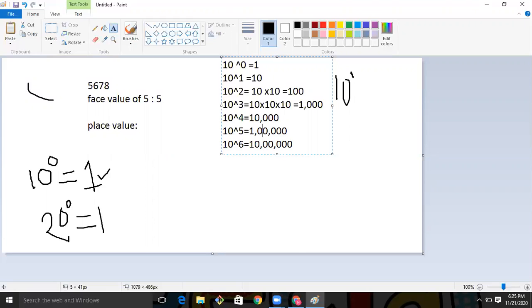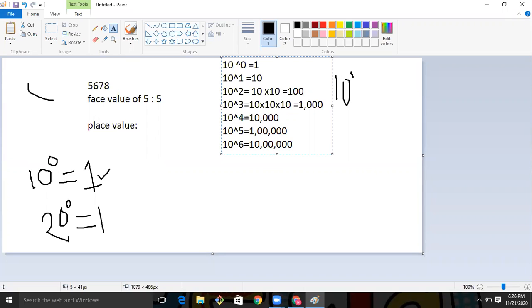No, this is called 1 lakh. 10 to the power of 5 means 1 lakh. మరి ఇదెంత? 10 to the power of 6 అని రాశాను కదా, దీని వాల్యూ ఎంత అంటారు? 10 to the power of 1 is 10, 10 to the power of 2 is 100, 10 to the power of 3 is 1000, 10 to the power of 4 is 10,000, 10 to the power of 5 is 1 lakh. But what about 10 to the power of 6?